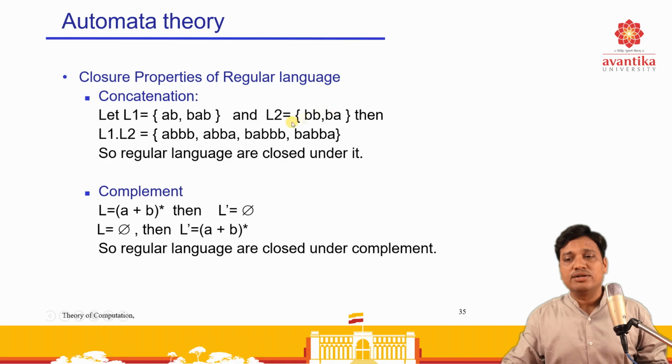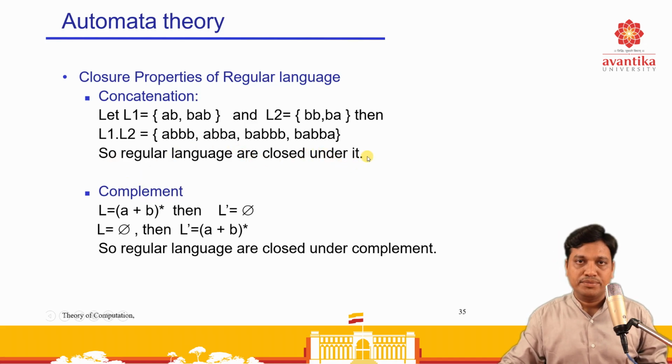The result is A double B, A double B A, BA triple B and BA BB A. The result of L1 dot L2 also belongs to the regular languages. So we conclude that regular languages are closed under concatenation.